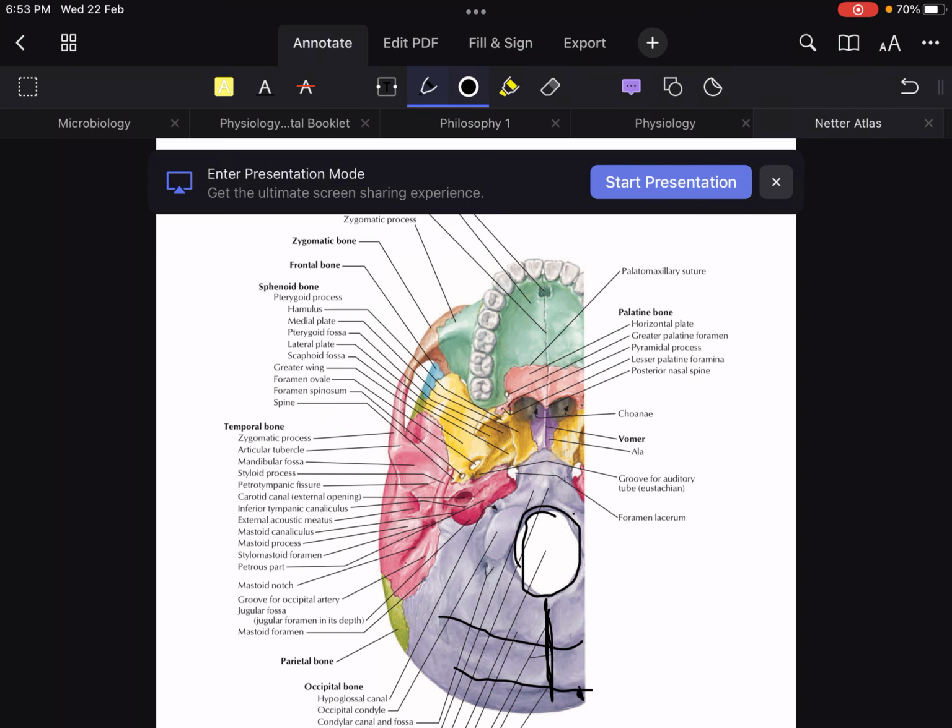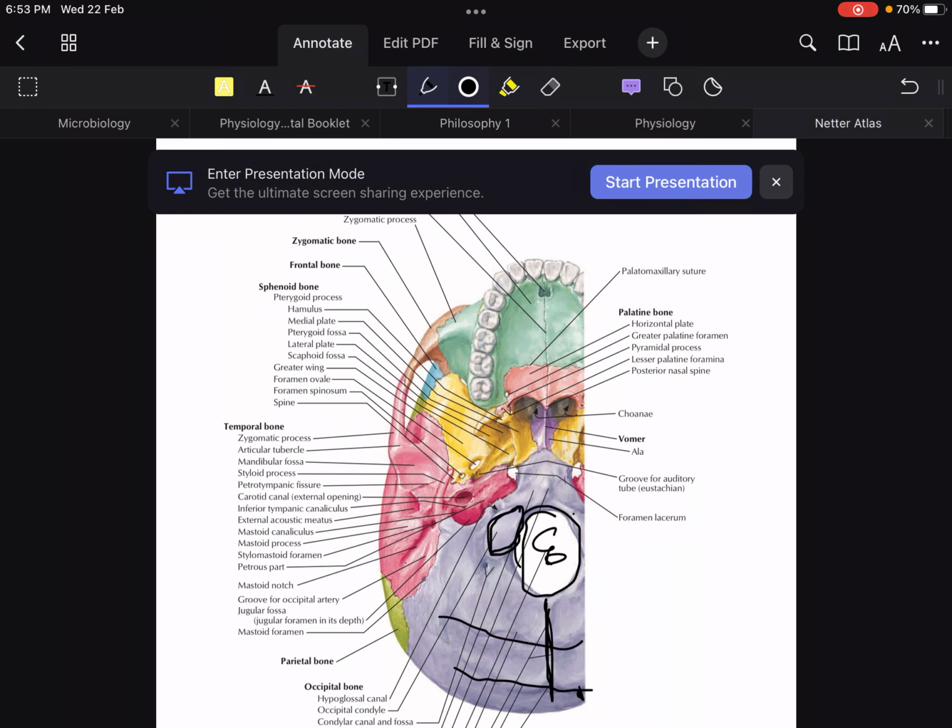So we can divide CNS into two parts, brain and spinal cord. The part of brain is medulla oblongata, and the continuation of this medulla oblongata is a spinal cord which pass through these foramen.